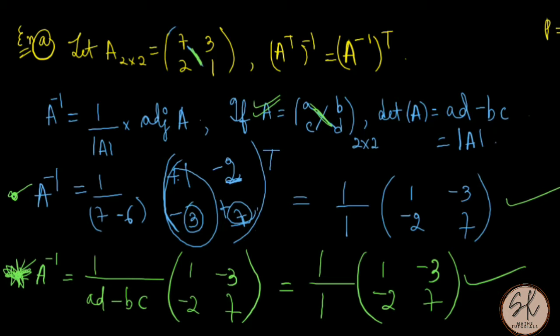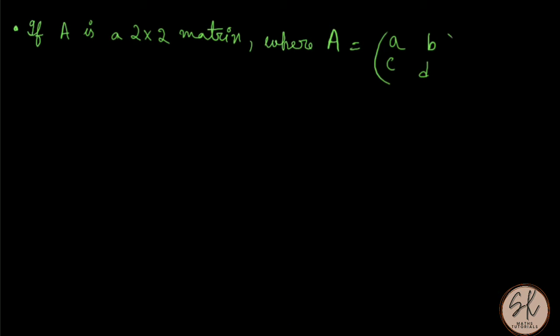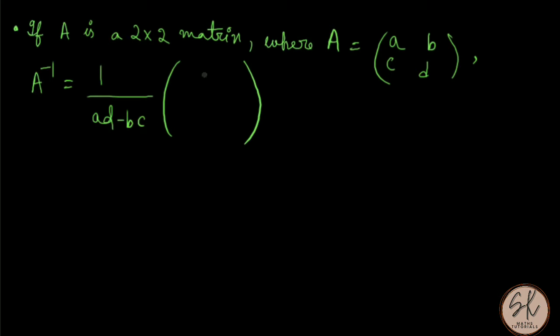Yeah, so if you want the formula for this, then see, if A is a 2 cross 2 matrix, where A is equal to A, B, C, D, then the inverse for a 2 cross 2 matrix is given by 1 by AD minus BC, which is the determinant of it, into this.